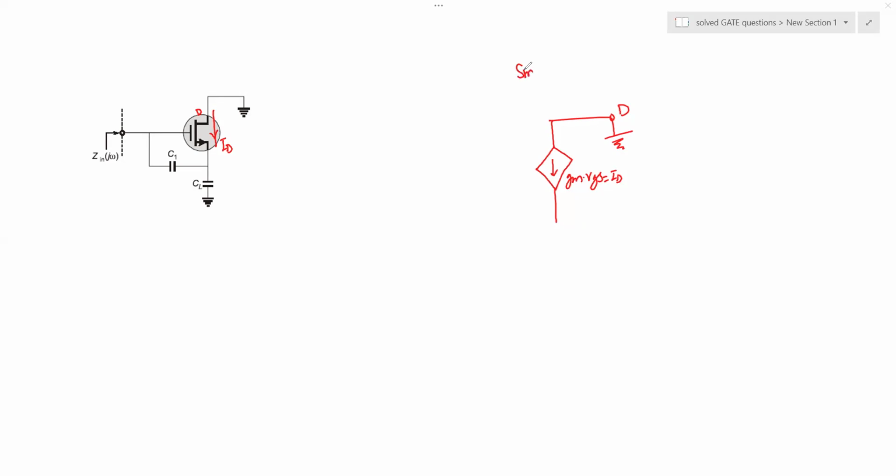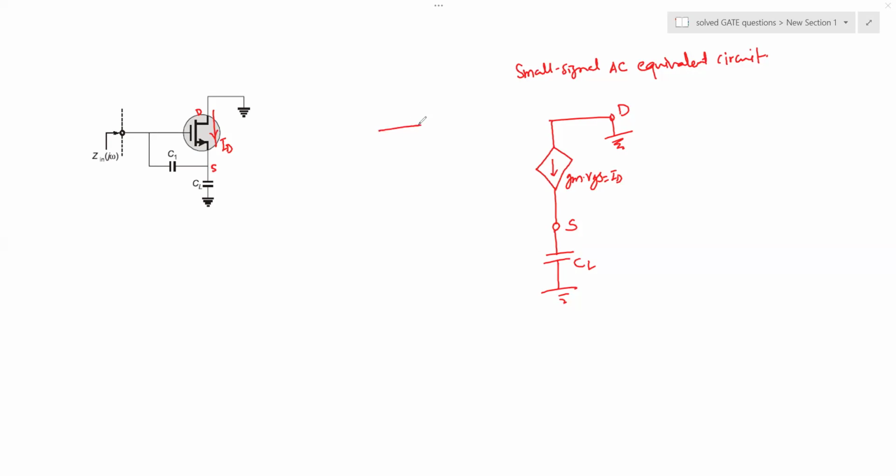So we are drawing the small signal AC equivalent circuit or model. And here is your source pin. From the source pin there is this capacitance CL, so let us draw it. That's your capacitance. Then here is your ground. So that's your CL.